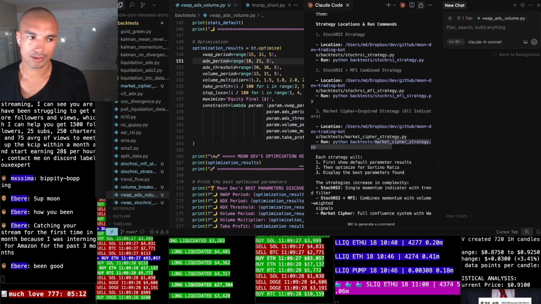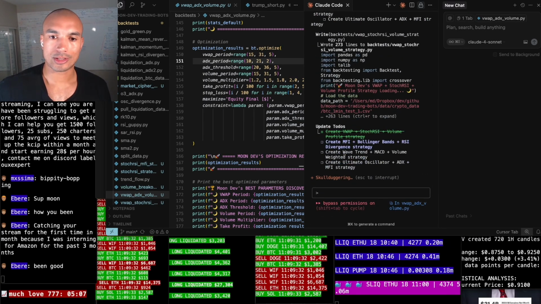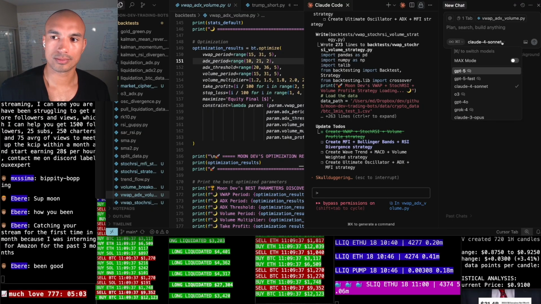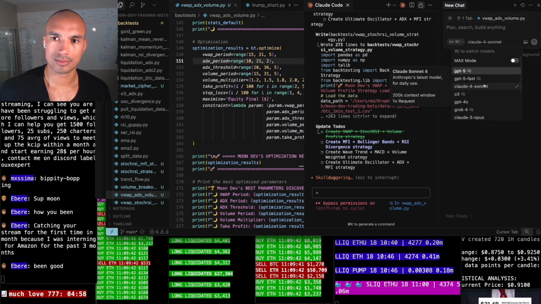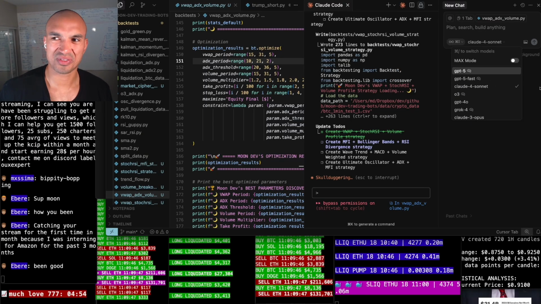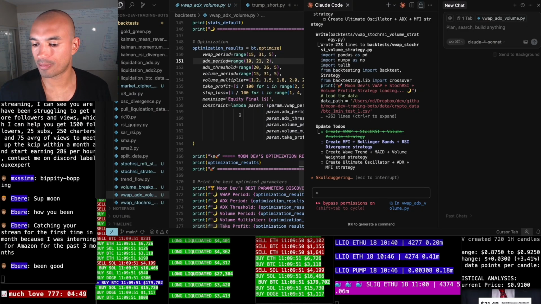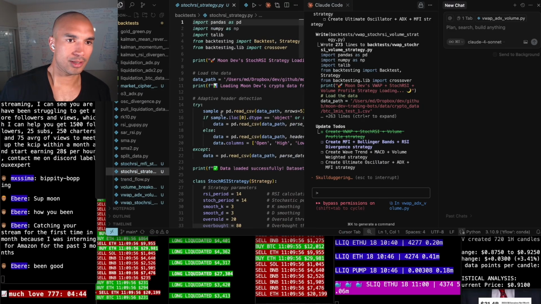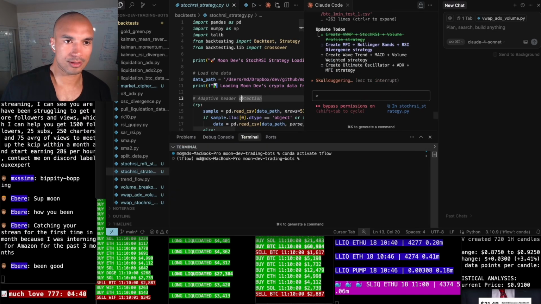So let's go try all of these out and then I'll debug them with Sonnet 4 over here, right? That sounds fine to me. So let's start with this first one we built, the Stoch RSI strat. Here it is, and then I'm going to go ahead and run it.